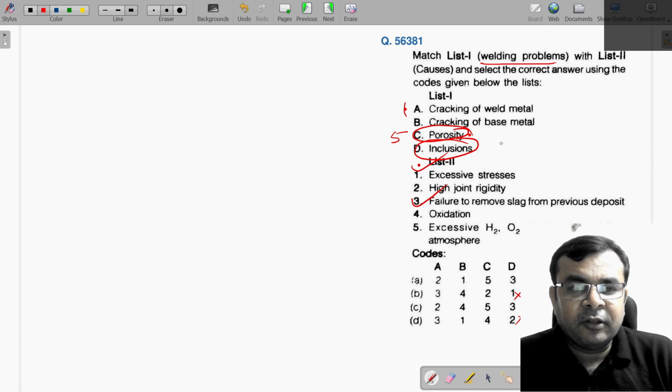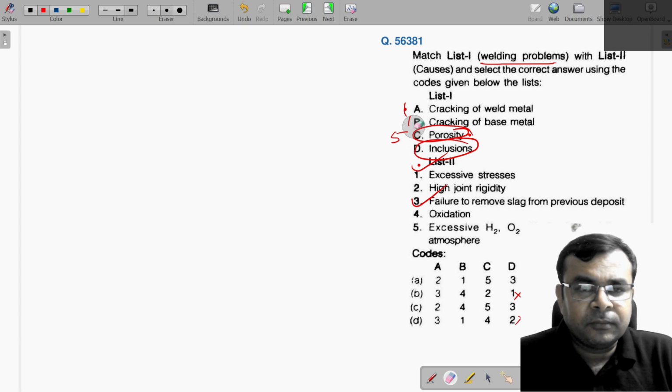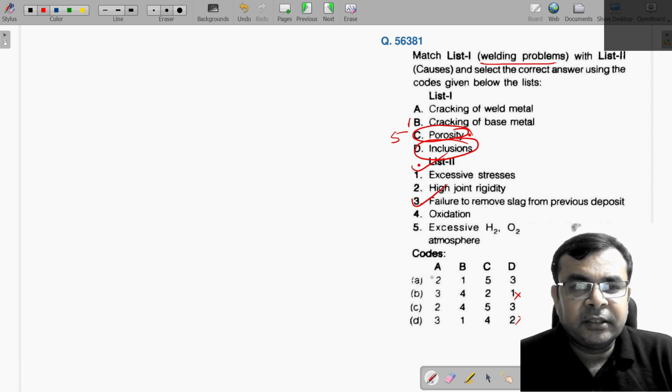Then B1, cracking of base metal, we can also choose. So A2, high joint rigidity. Correct. So the correct answer is option A.